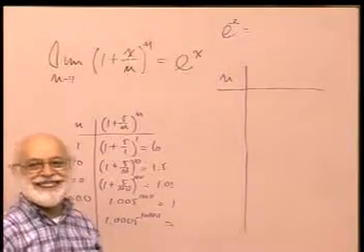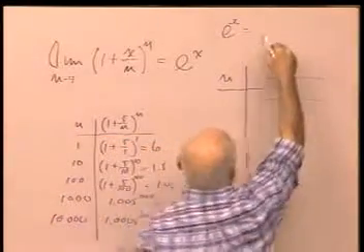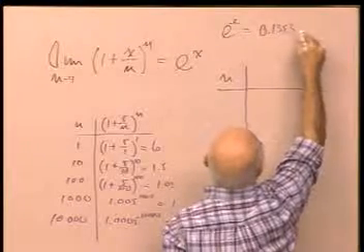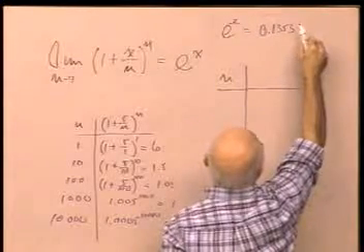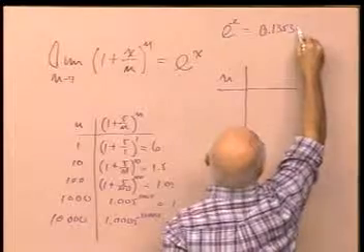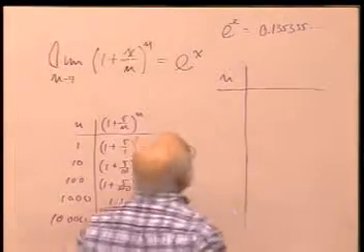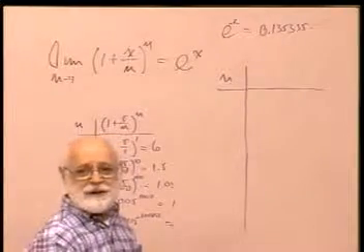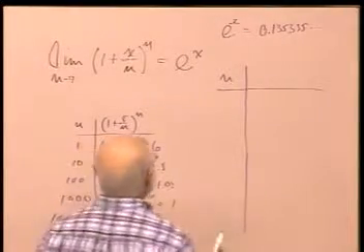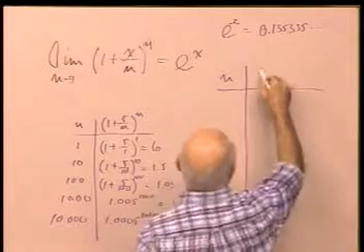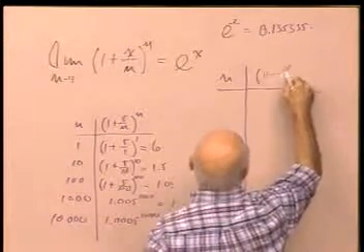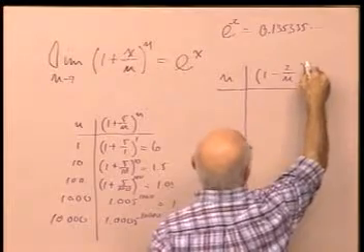That is true. 0.1353. 0.1353. Give me some more. 35. Okay, 135335. Is that right? Yes. Okay. So now I'm going to calculate 1 minus 2 over n to the n.